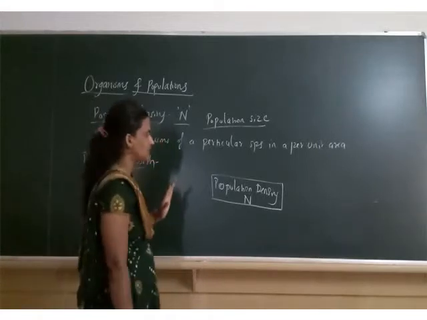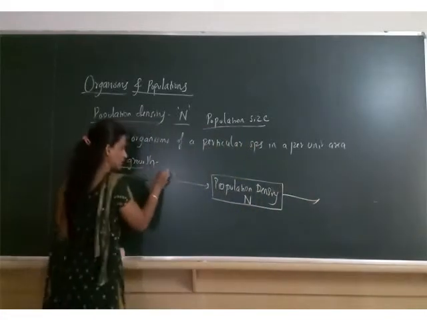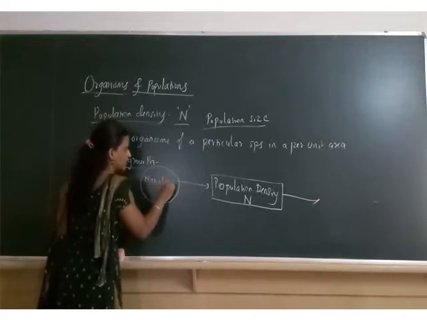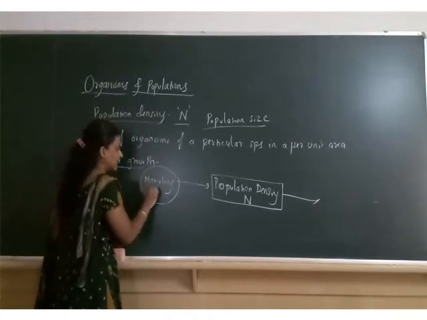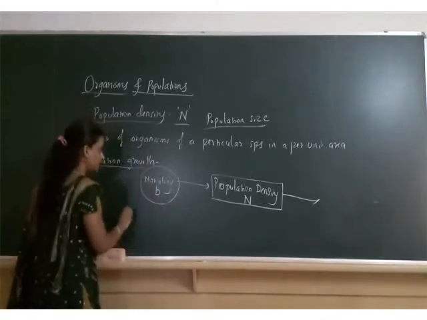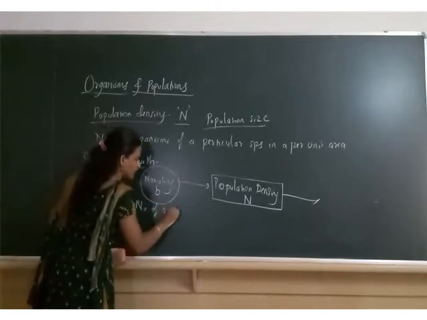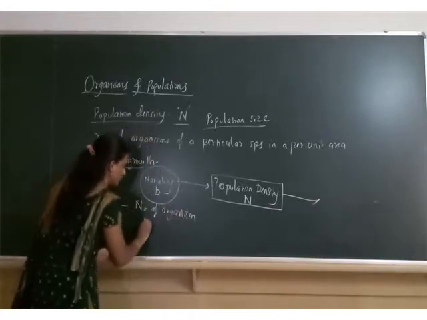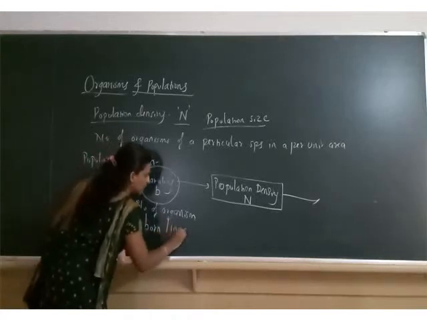Okay, and this is based on two important points. The first one is birth rate, that is called natality, and it is represented by B. It is the number of organisms born per 1,000 organisms.